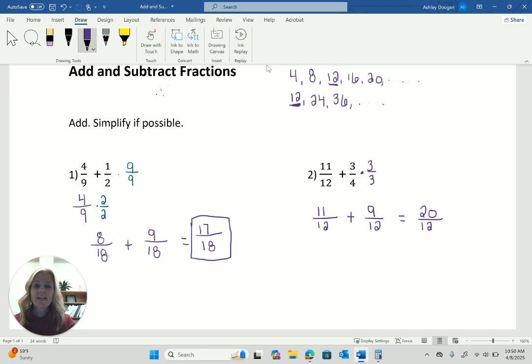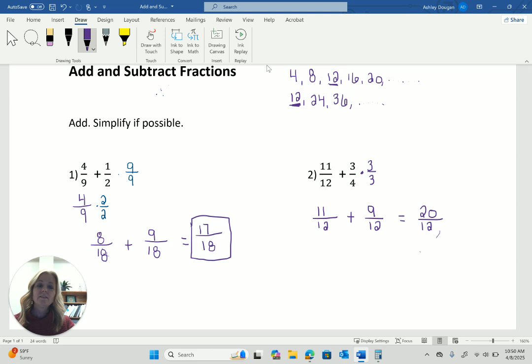But since I didn't have mixed numbers in my question, I'm okay with leaving the answer as an improper fraction. But we will have to simplify it. Okay, now if this would have been mixed numbers, I would have needed to go that extra step and change it to a mixed number. But because they're just regular fractions, it's okay for my answer to be in improper fraction form.